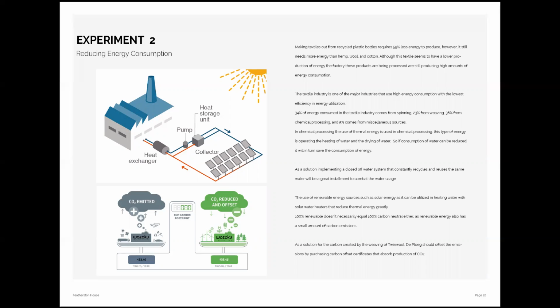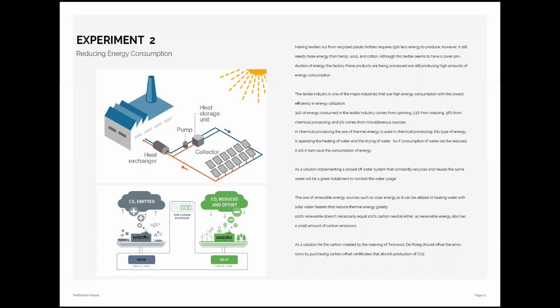Making textiles out of recycled plastic bottles requires 59% less energy to produce. However, it still needs more energy than hemp, wool and cotton materials. Although this textile seems to have low energy production, the factories that produce it are still consuming high amounts of energy.